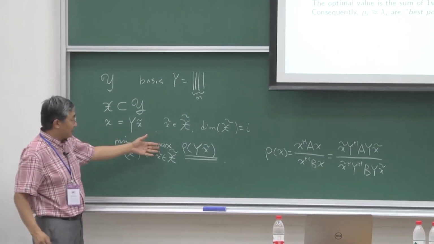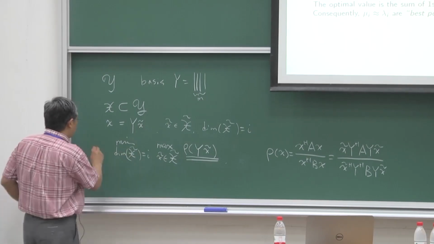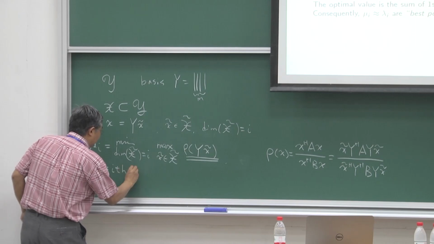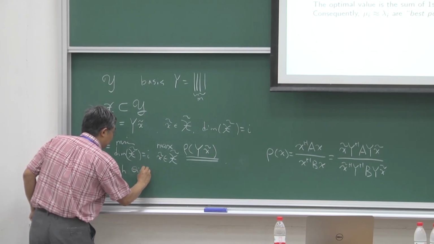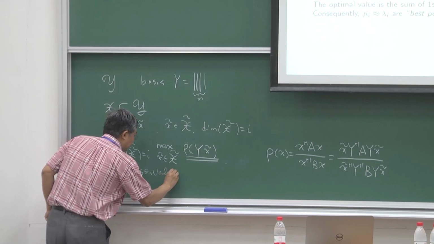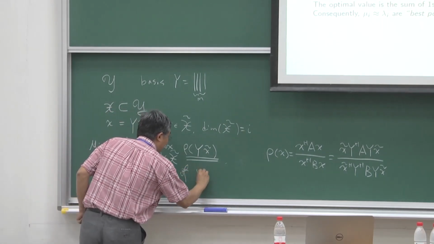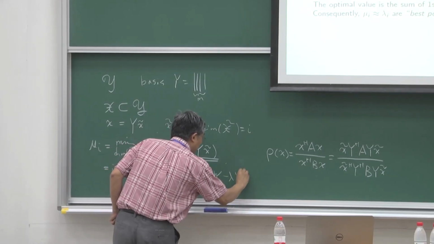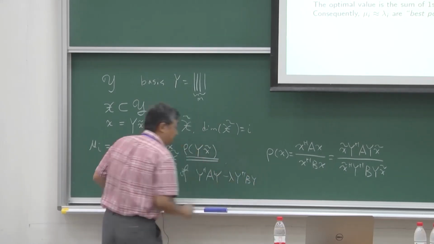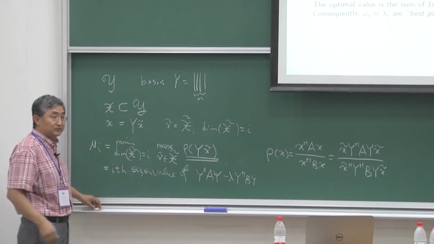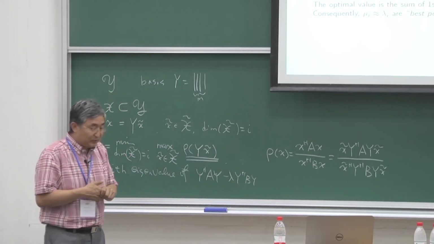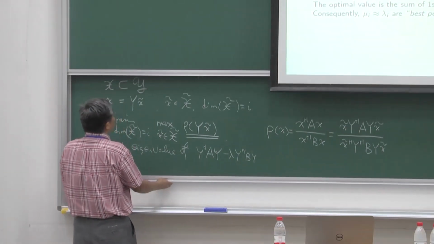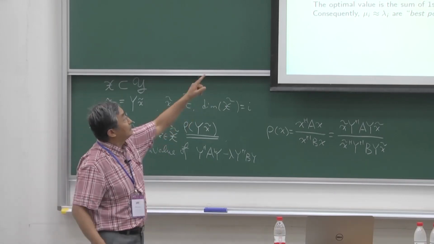Compare this with the min-max principle, and this number mu i is the i-th eigenvalue of the projected matrix pencil. So basically, that's how you derive that mu i is the eigenvalue of that matrix pencil.